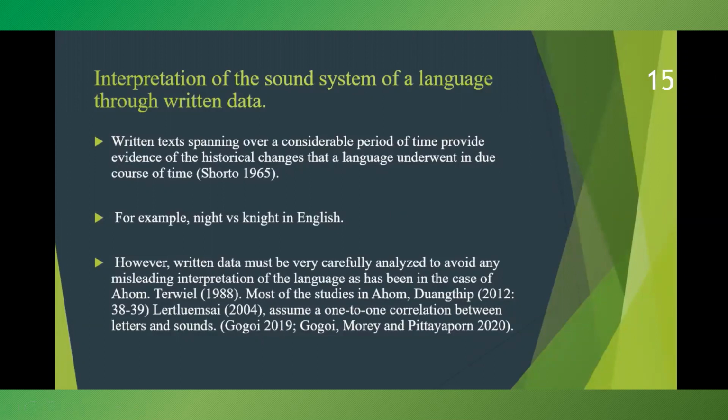This is an indication that both these two words had different initial consonant sounds in the past, which have merged into one sound, as pronounced in the present time. However, written data must be carefully analyzed to avoid any misleading interpretation of the language, as has been in the case of Ahom. Most of the studies in Ahom, namely Dwangtip 2012, Lurtum Sai 2004, assume a one-to-one correlation between the sounds and letters.